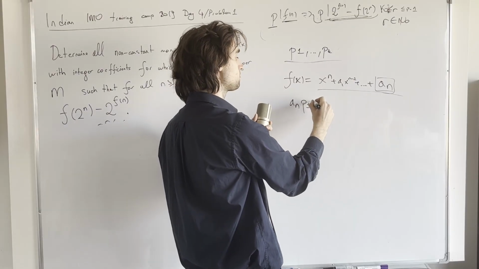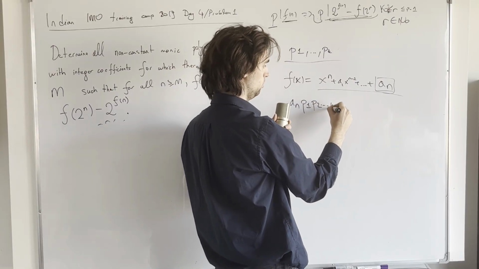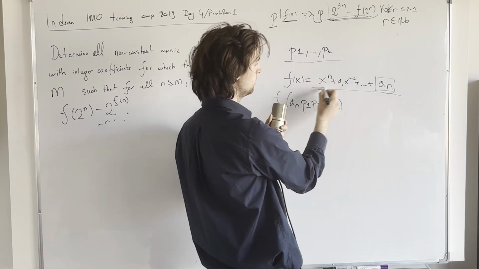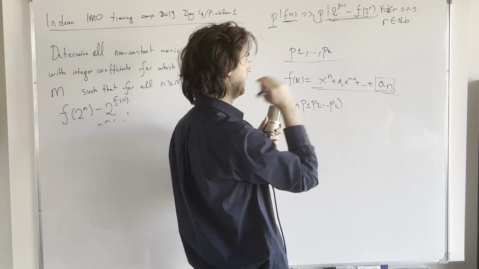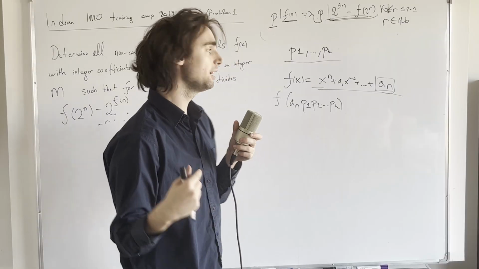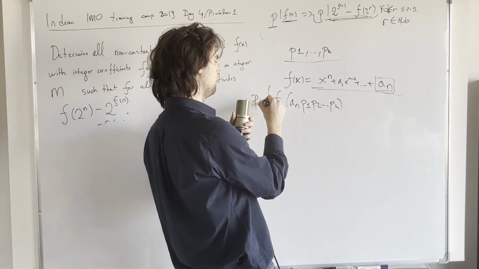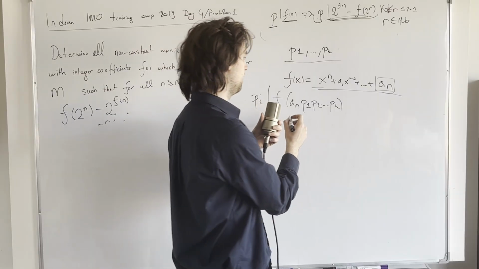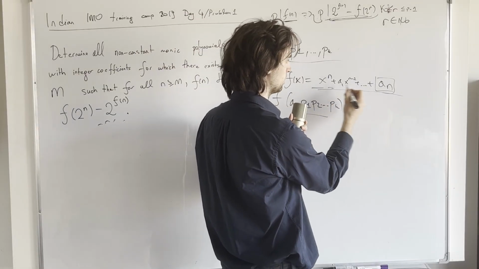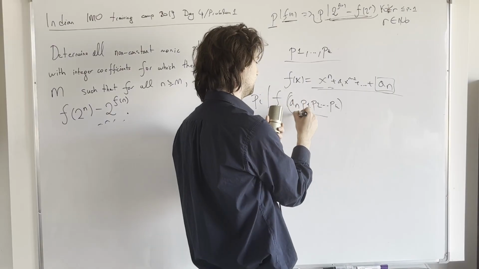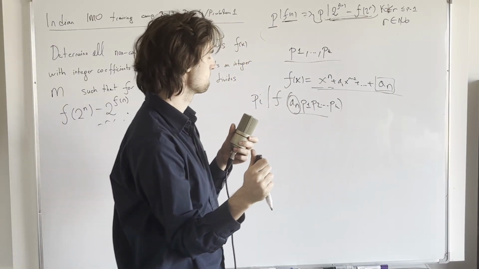So if I take an times p1, p2 to pk, f of this is then going to be divisible by none of these primes. Because if a prime, say pi, divided this, then we would have pi divides obviously every single one of these x's. So it needs to divide an.